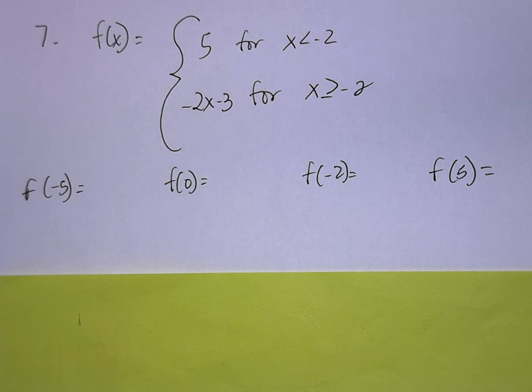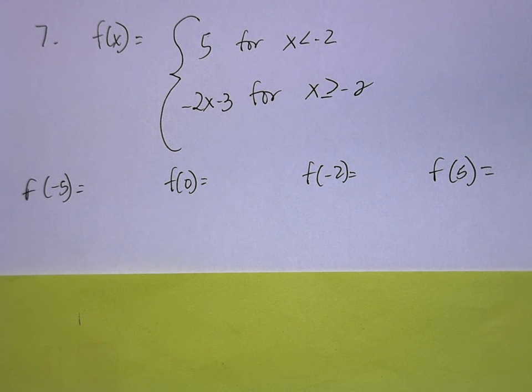Good. You got it, Josh. Okay. So for f of 0, -3 is the answer. Now, how did we get -3?